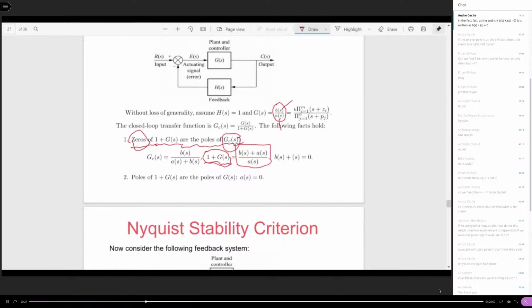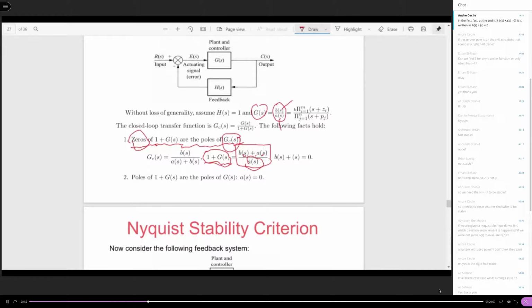The numerator of 1 plus g of s, by a very simple manipulation, is equal to b of s plus a of s. And the denominator of 1 plus g of s is a of s, which is the denominator of g of s.